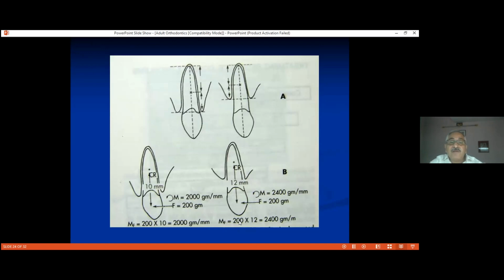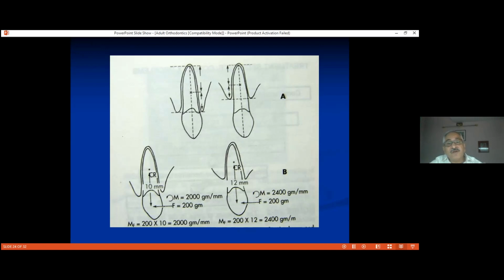But if the distance is increased, the force will be increased to 2400 gram-millimeters. Now this means where we needed a lesser amount of force, because of the loss of bone, with the same amount of force we are actually applying more force, making it more deleterious.